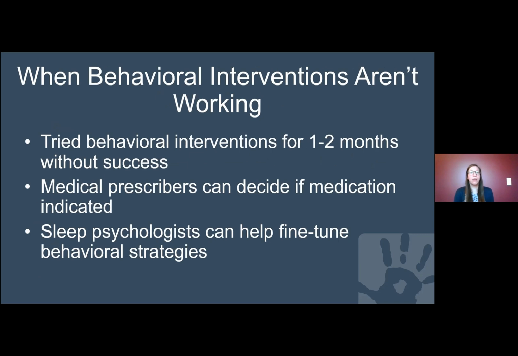Okay. The other reason to see a medical professional is when behavioral interventions just aren't working. So you've tried all these things that I've said, and for a couple of months, because implementing behavioral strategies, as I'm sure many of you are aware, doesn't happen overnight. It takes time.